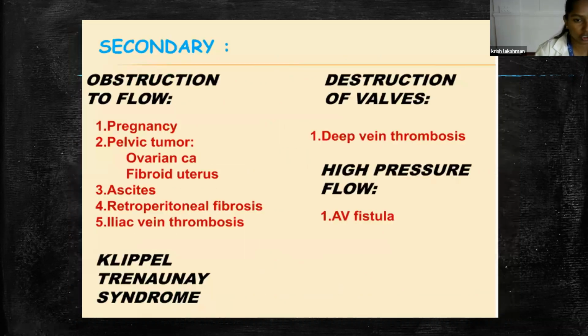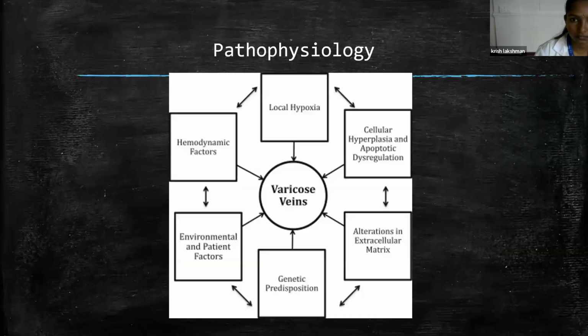Secondary causes are obstruction to the flow, as seen in pregnancy or any mass present in the abdomen or ascites. In the case of deep vein thrombosis, it can present in an obstructive or a destructive way. And in the case of AV fistulas, it is due to high pressure flow.